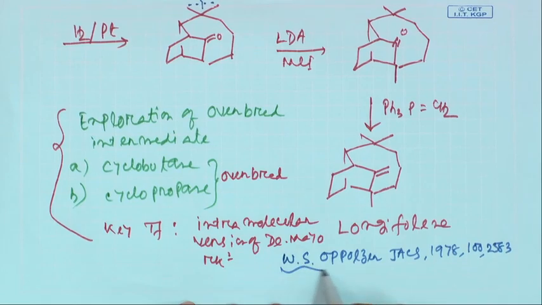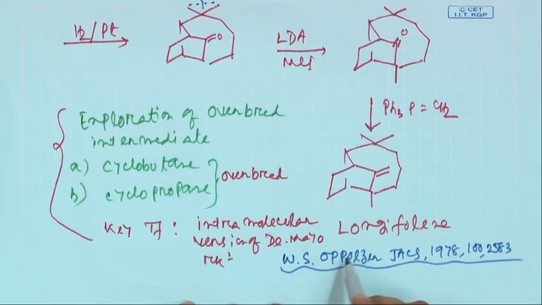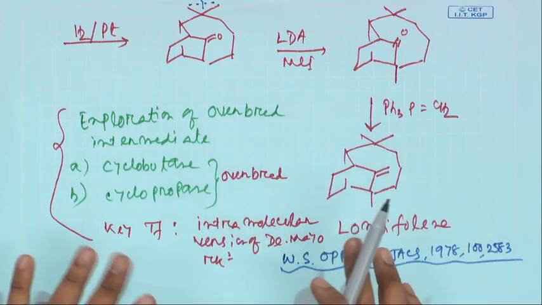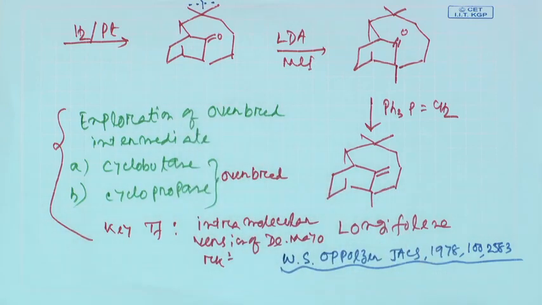So, just to give him a tribute, this synthesis was reported by Professor Wolfgang Oppolzer, and the entire synthetic scheme was demonstrated in the slides. Now, you can see that the overbred intermediate is a very powerful concept through which you can create an extra bond, and depending on your requirement you can remove those surplus bonds through a unique fragmentation reaction, but definitely the fragmentation reaction has to be a chemically logical approach.